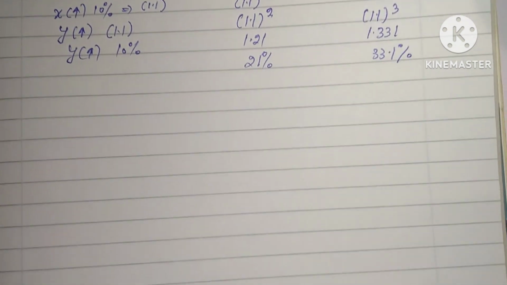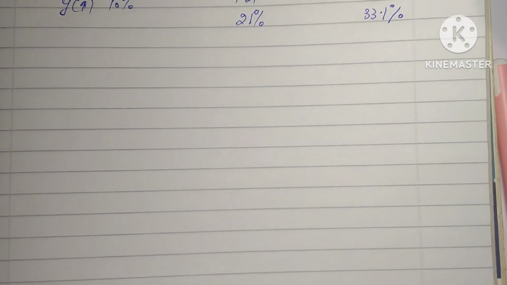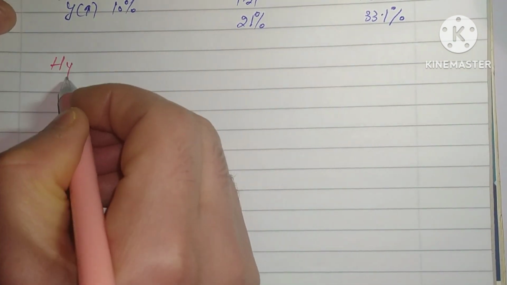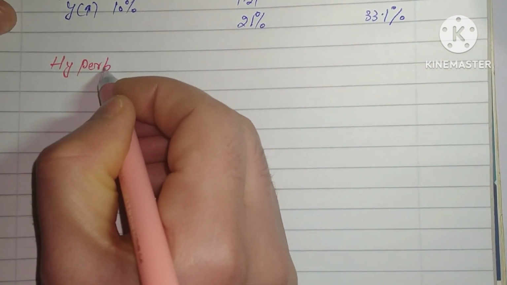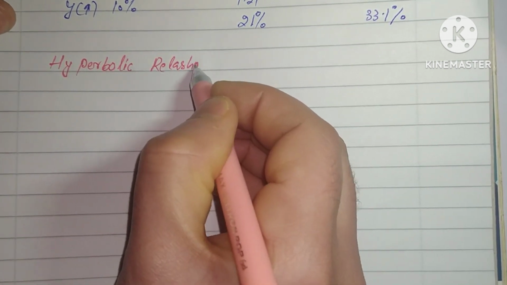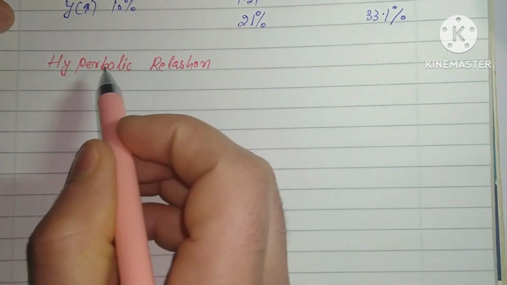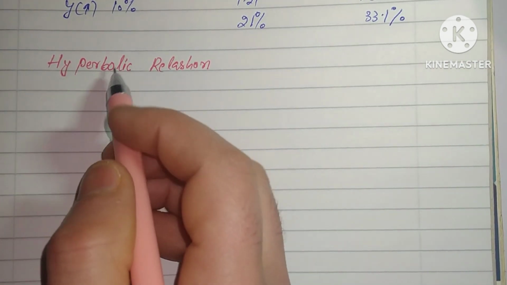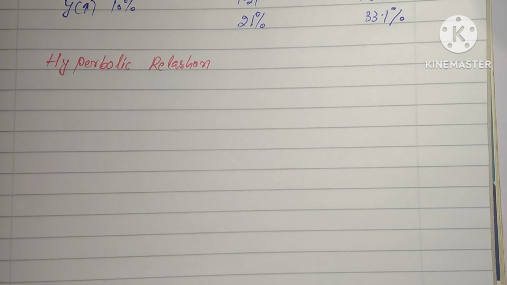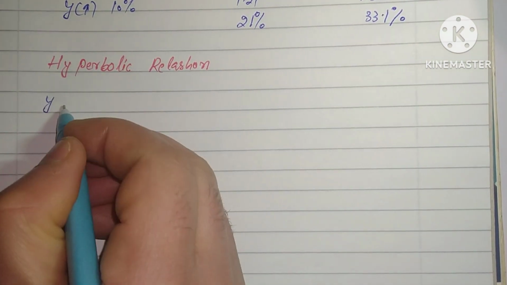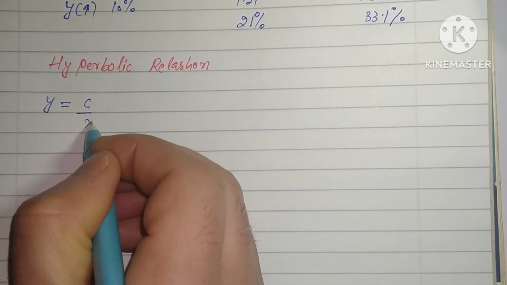Now, hyperbolic relation. Before understanding the hyperbolic relation, we have to know what is hyperbola. The basic equation of hyperbola is y is equal to c upon x.